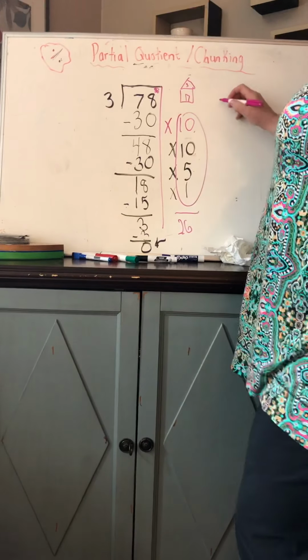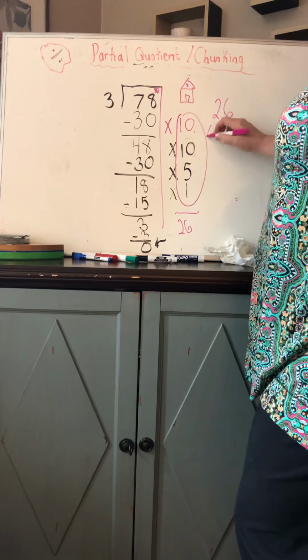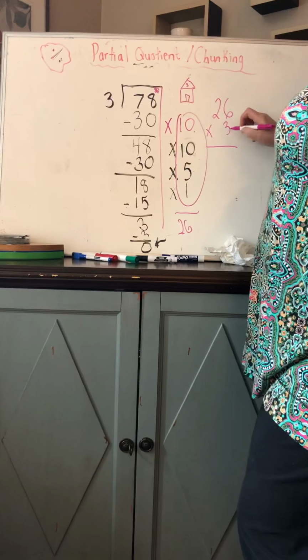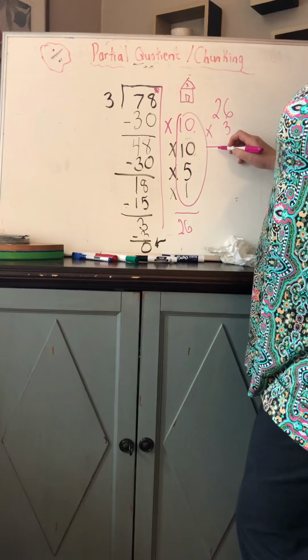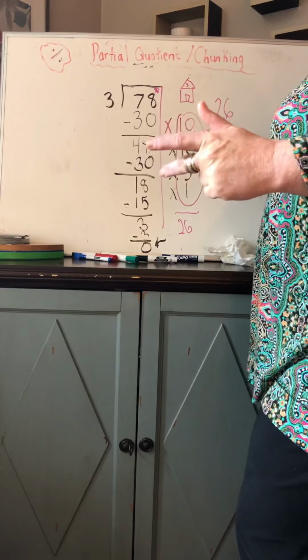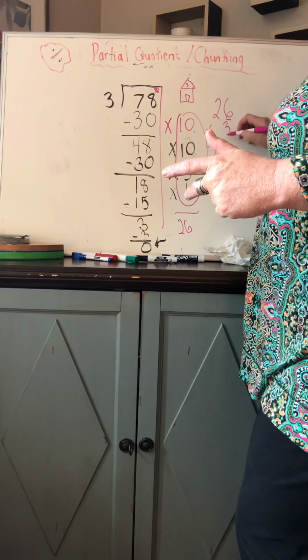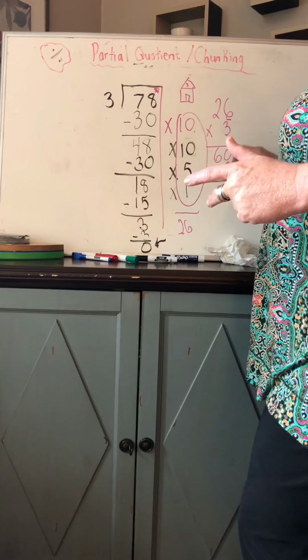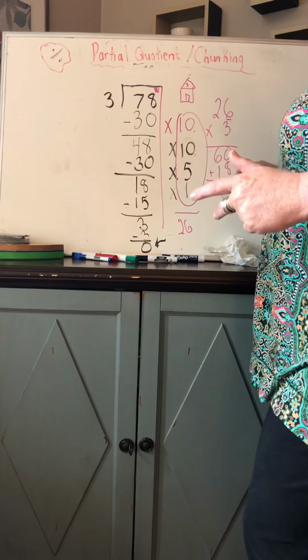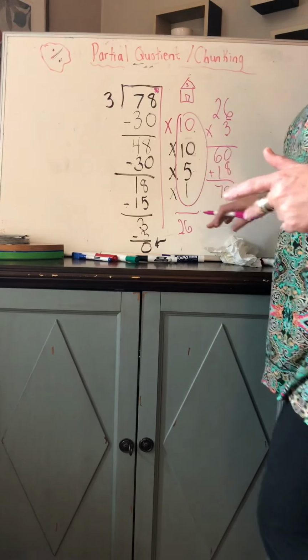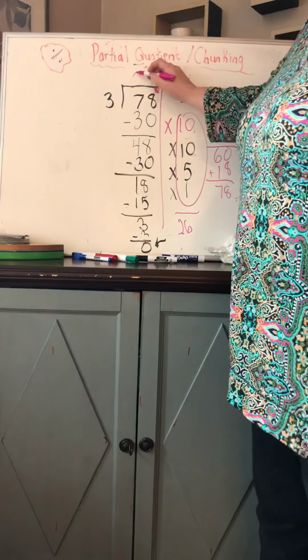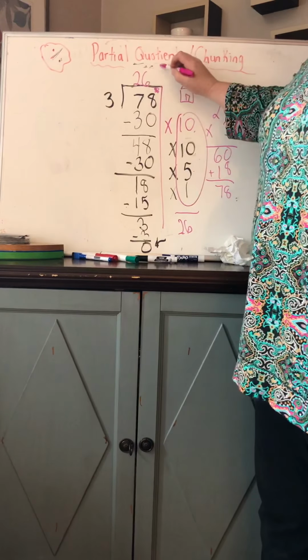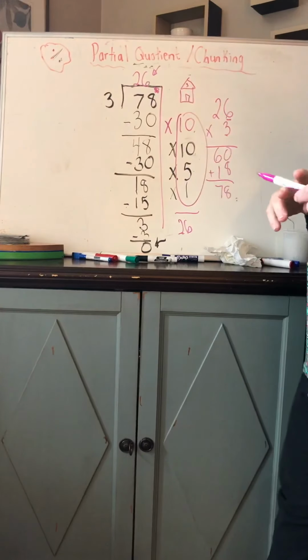Just going to double check that 26 times 3. I know 3 groups of 20 is 20, 40, 60. And I know 6 times 3 is 18. So yes, I did share out 78 flowers and each house got 26. So the answer is 26.